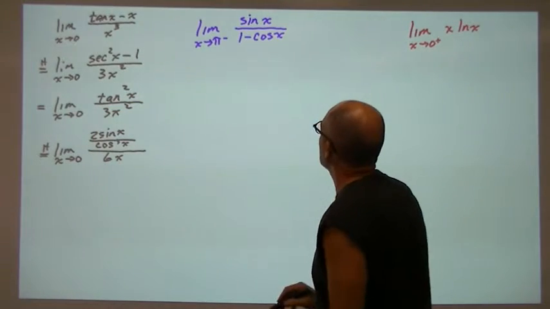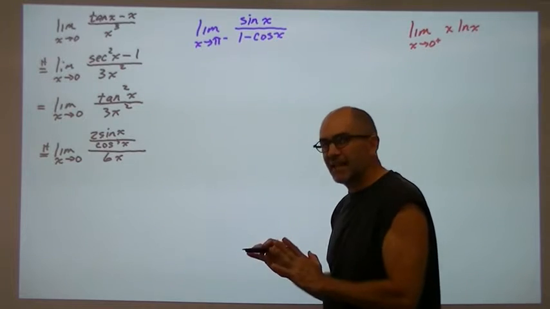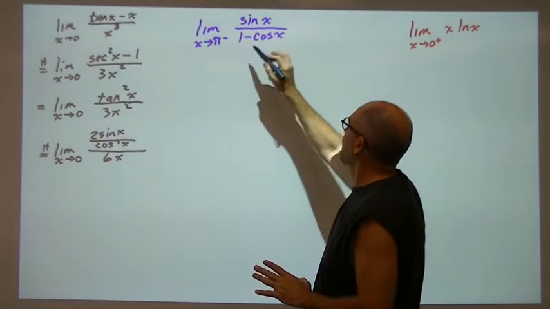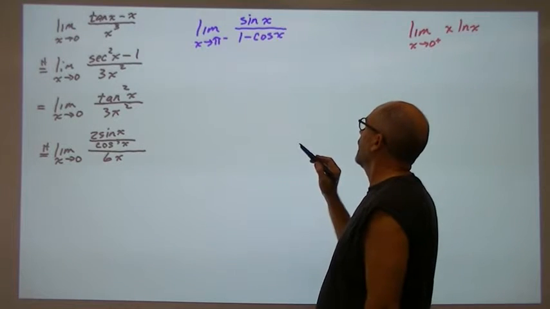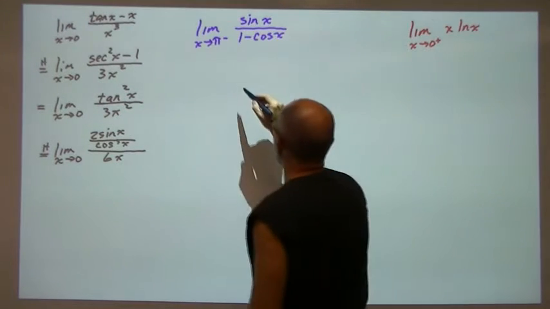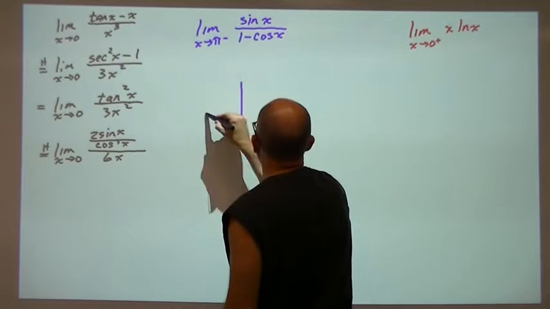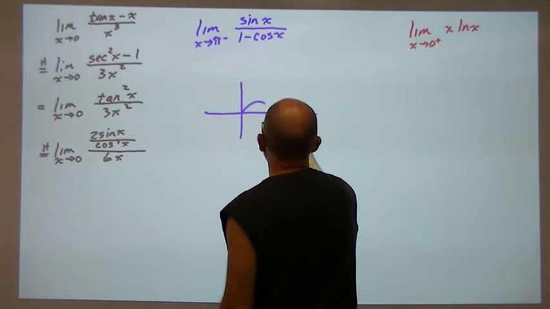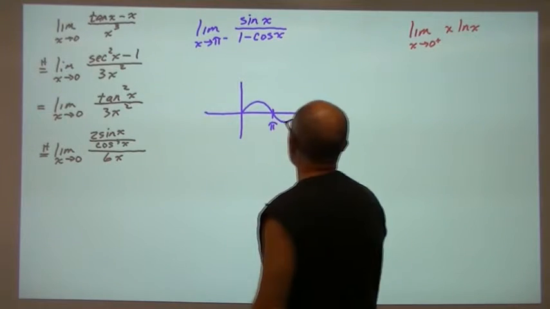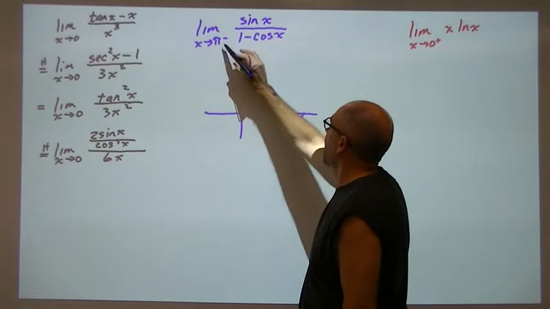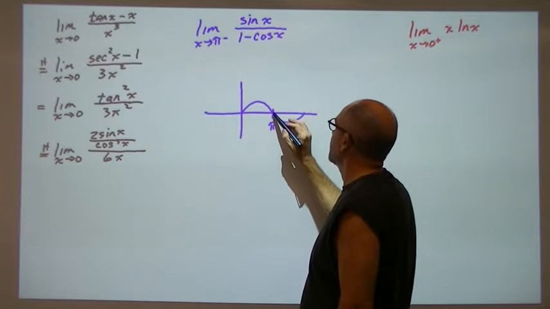The limit as x approaches pi from the negative side of sine x over 1 minus cosine x. Now, let's look at the sine curve. Sine curve goes like this. So right at pi, right here, if I'm approaching pi from the left, then this is going to be approaching 0.